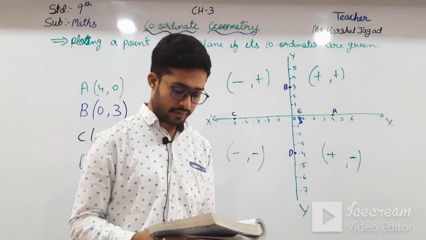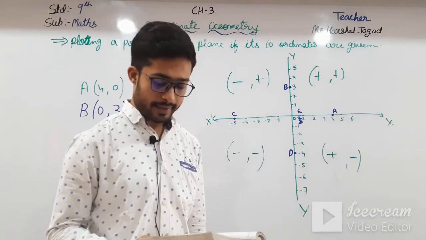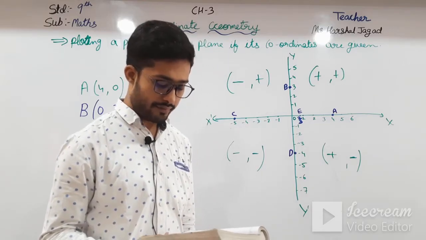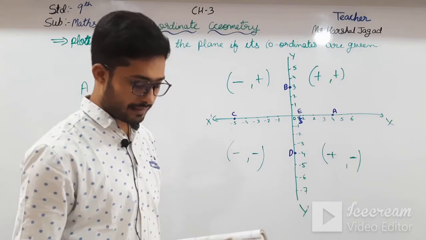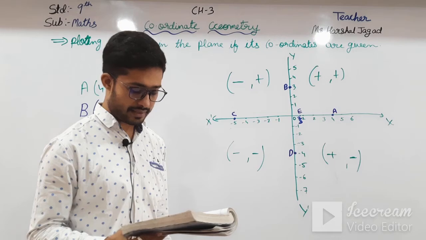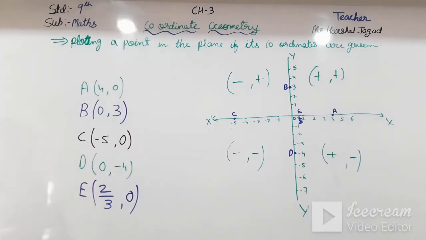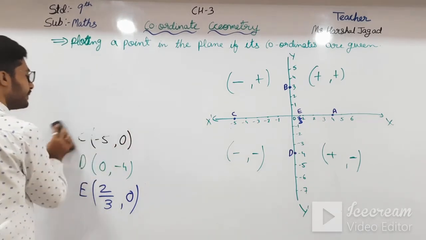Let the coordinates of a point be (3, 5). We want to plot this point in the coordinate plane. We will draw the coordinate axes and choose our unit such that 1 centimeter represents 1 unit on both the axes. Okay students, see here I am just drawing the example which is given here.